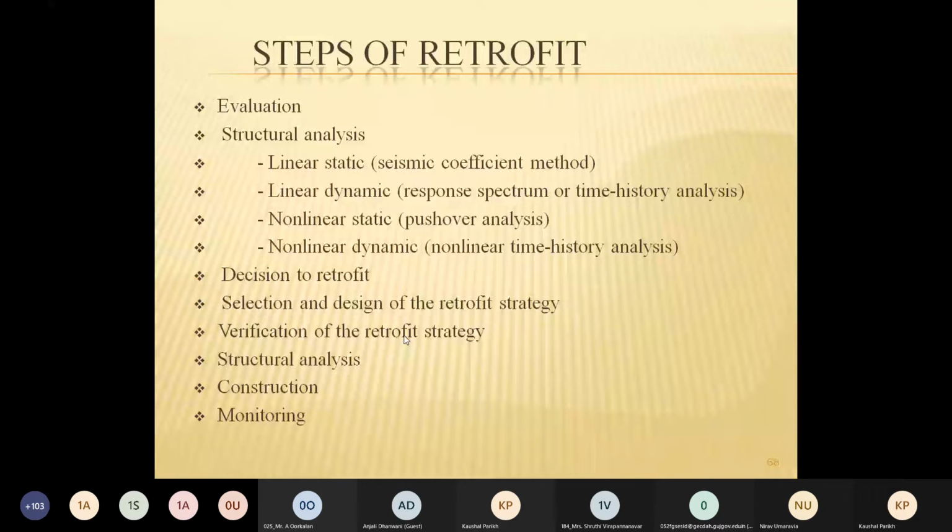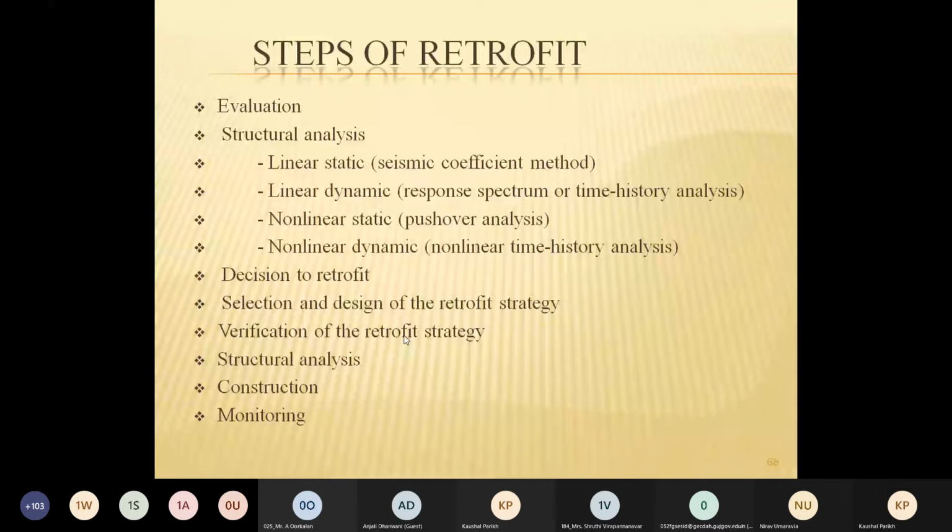The analysis of any existing structure should be carried out by linear static or dynamic, or maybe non-linear static or non-linear dynamic methods, depending on the type and category of the structure and its needs. After this, the deficiencies are to be found, and then the decision on retrofitting has to be made.